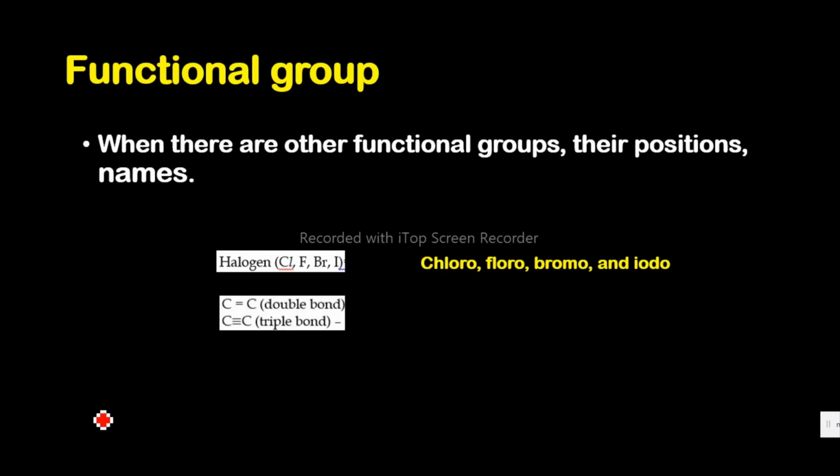If you have the double bond or the triple bond, okay, then if it is a double bond, the double bond is named as ene. We have named some. If it is a triple bond, then the triple bond is named as yne, and we have named some. If you have this group, are you seeing the carbon and then the H?